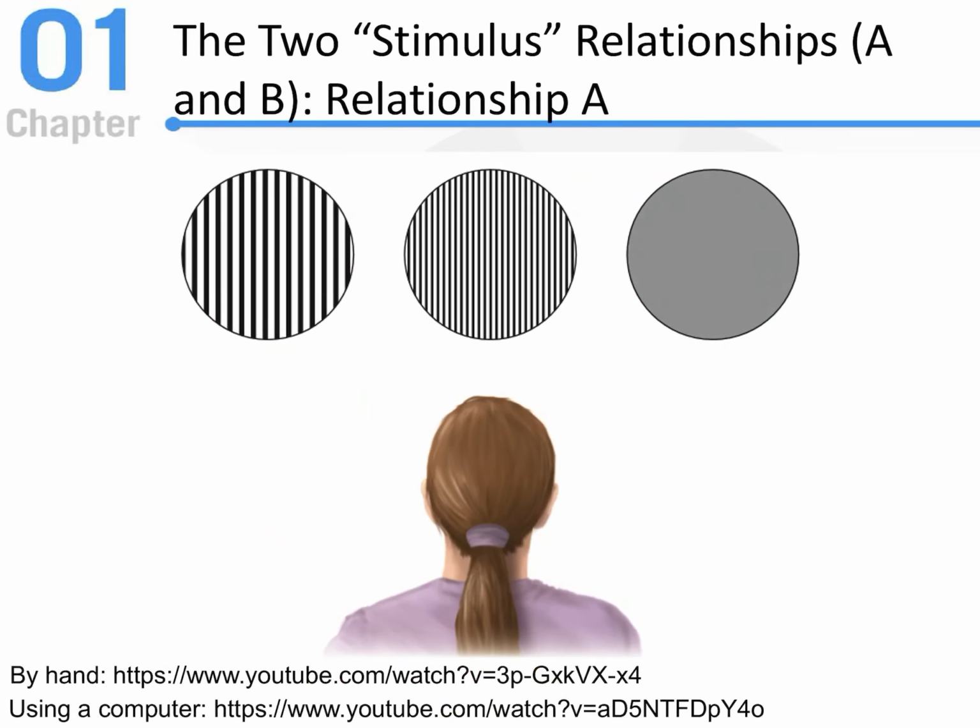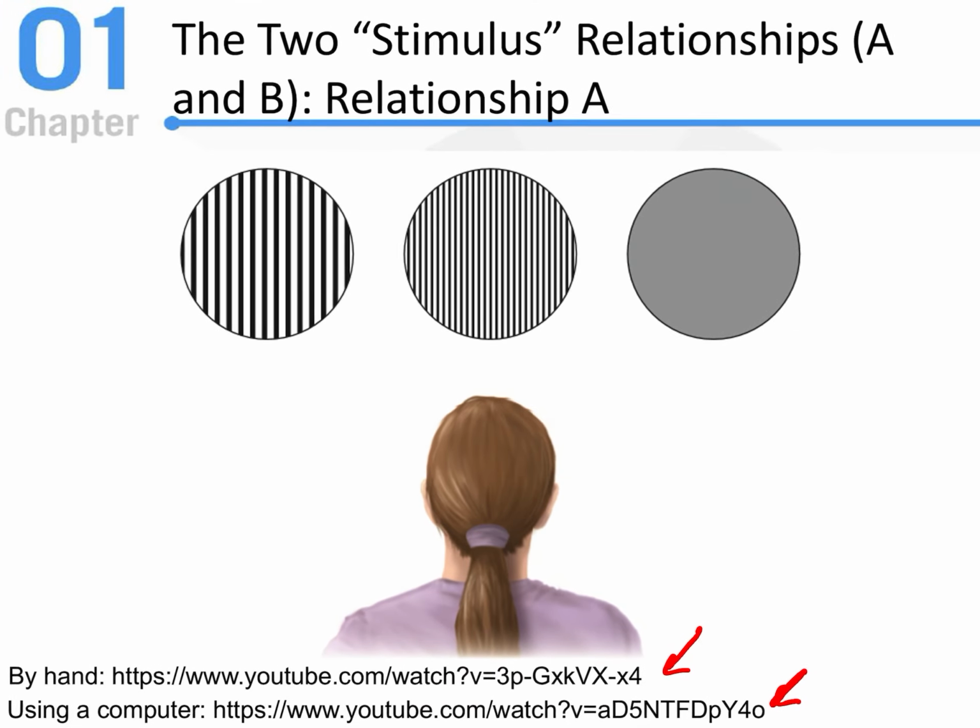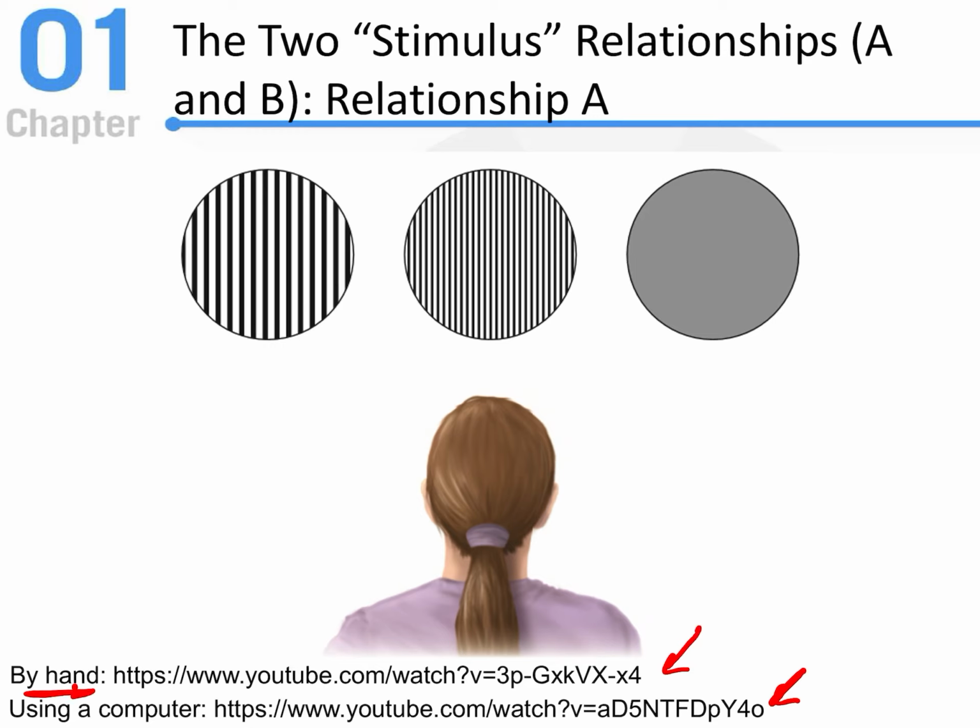I've got a few videos on here that demonstrate what I'm going to talk about, and these are really, really interesting. For the first 100 years or so, we used this process of looking at what I'm going to talk about, the oblique effect, by hand.